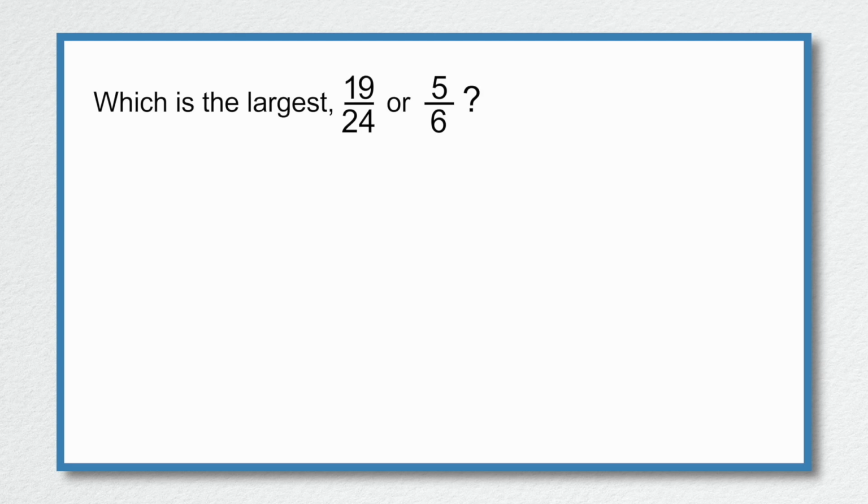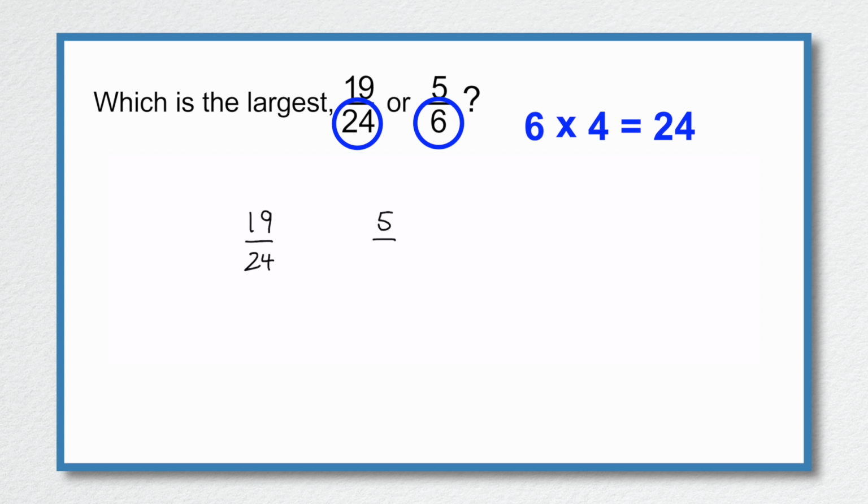Here's a similar question. Which is the largest, 19/24 or 5/6? So are the denominators the same? And the answer to that is no. But we can see that 24 is a multiple of 6. So in order to compare the two fractions, all we need to do is to write 5/6 as something out of 24. 6 multiplied by 4 is equal to 24.